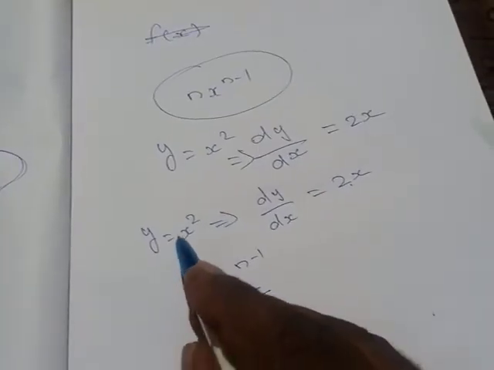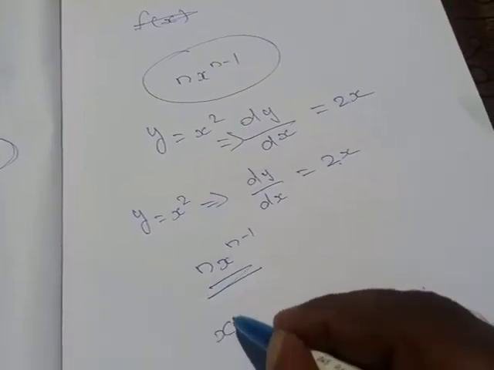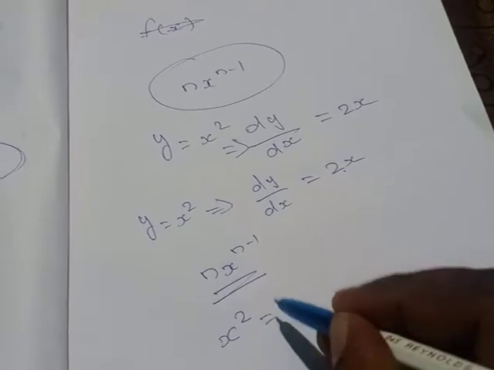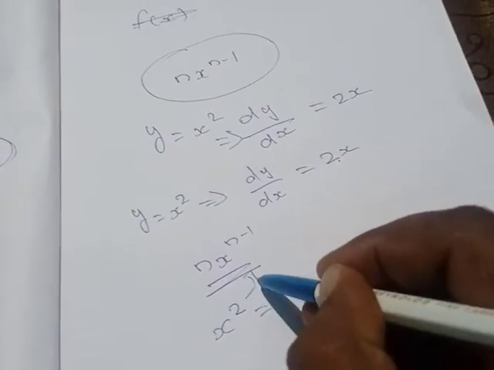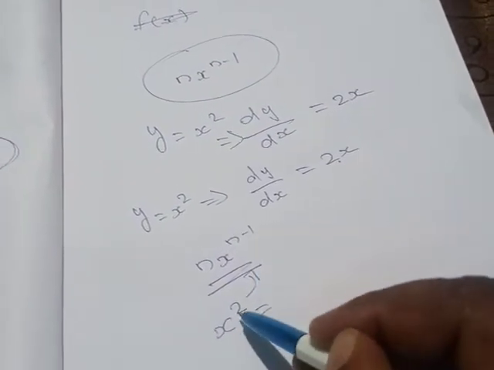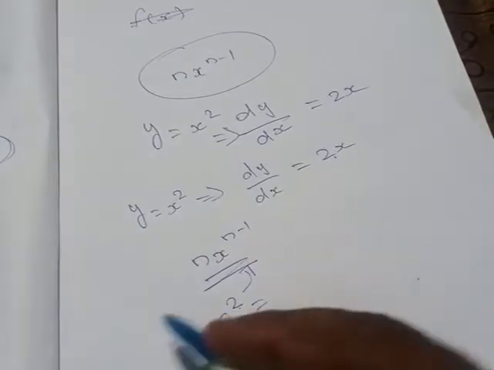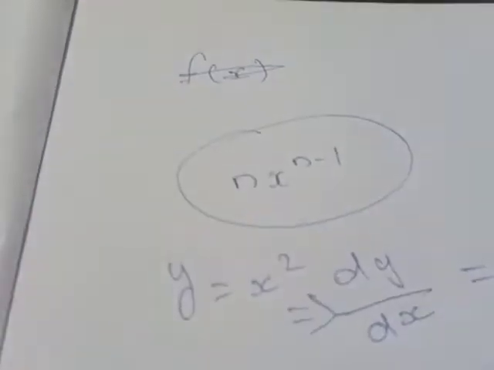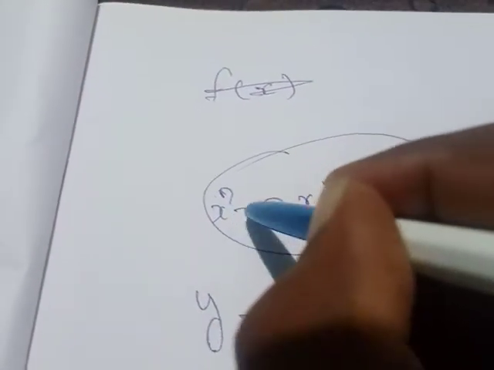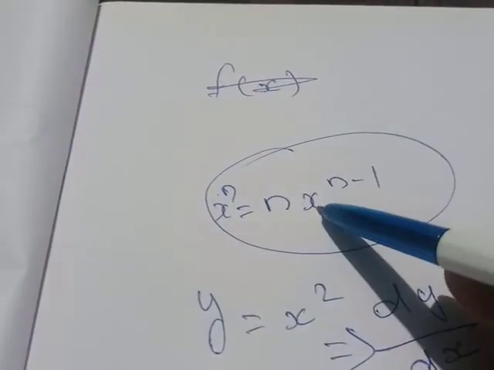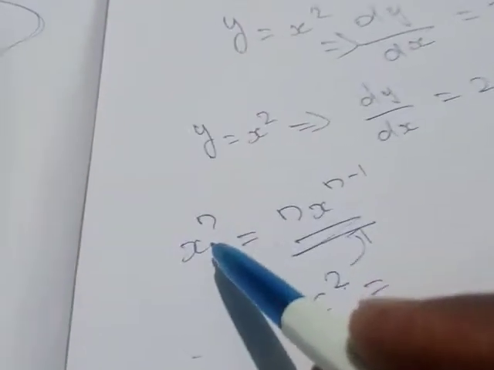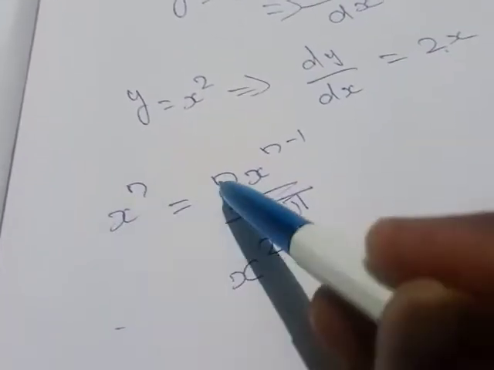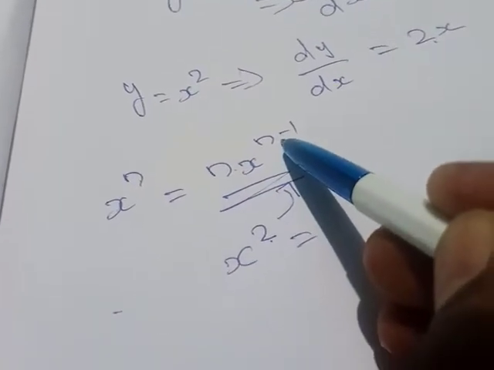So our function is x square. We are using this formula n x power n minus 1. This 2 is n. So this formula, you can note down: x power n gives n x power n minus 1.